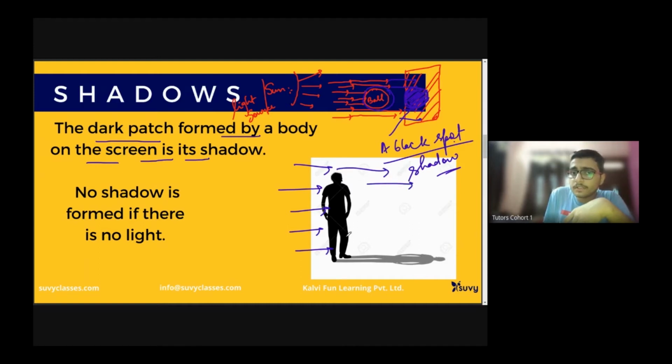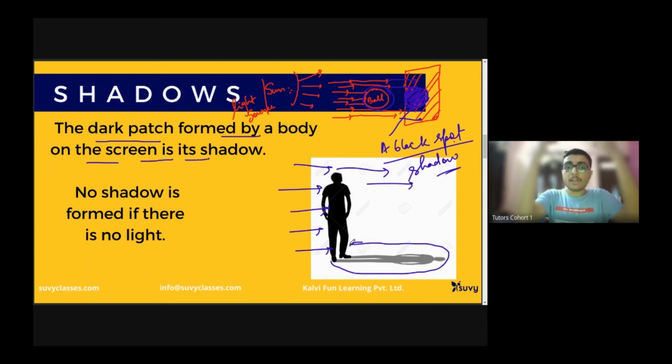But if this person obstructs the path of light, a shadow will be formed on the screen. For example, if the sun is over my head, what is the screen? Earth is the screen, so my shadow will be formed on earth. Now if I stand in front of a wall and another person throws light on me through a torch, my shadow will be formed on the wall, right? Is this clear?